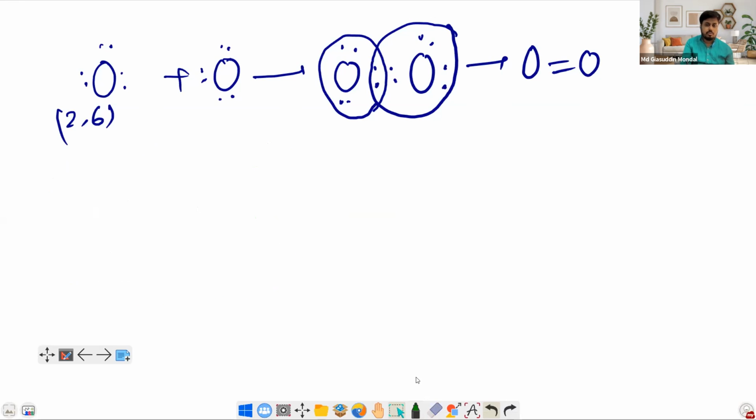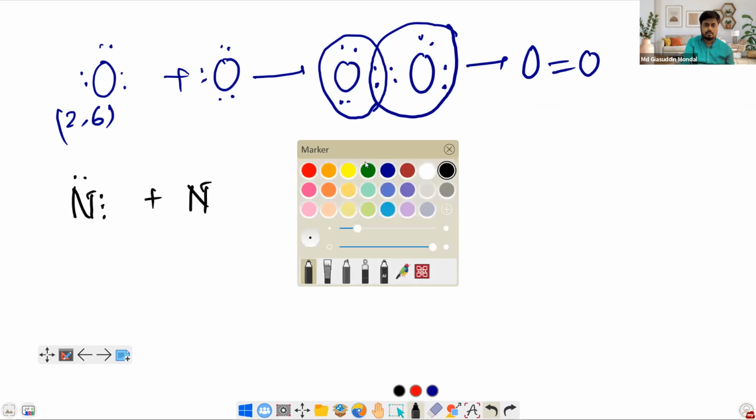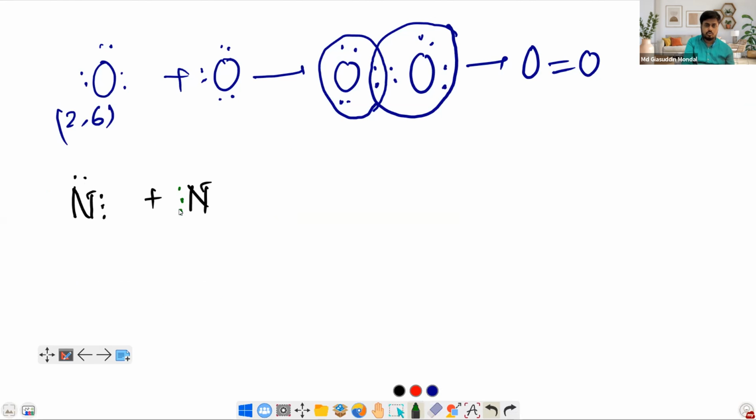So which way do we need to write? Let us see that. 1, 2, 3, and 2 electrons are here, plus 1, 2, 3, and 2 electrons are here.